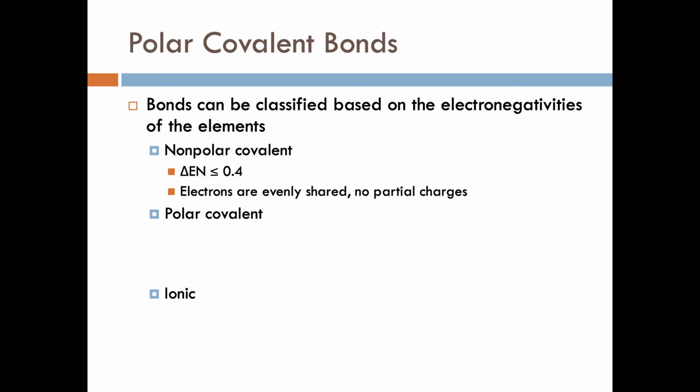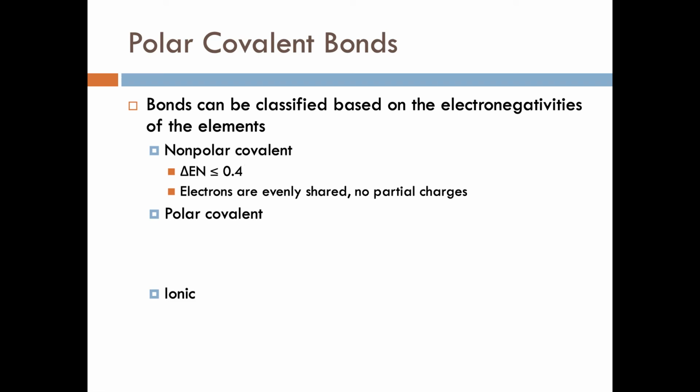And you'll never have to remember the values in that chart. If we need those values for anything like this, we will provide those electronegativity values. But one thing I would keep in mind for nonpolar covalent bonds: the most common examples you're going to see are an element bound to itself, like O2 or H2, or a carbon-hydrogen bond. Carbon-hydrogen bonds are right at this 0.4 cutoff, and we consider those bonds to be nonpolar.